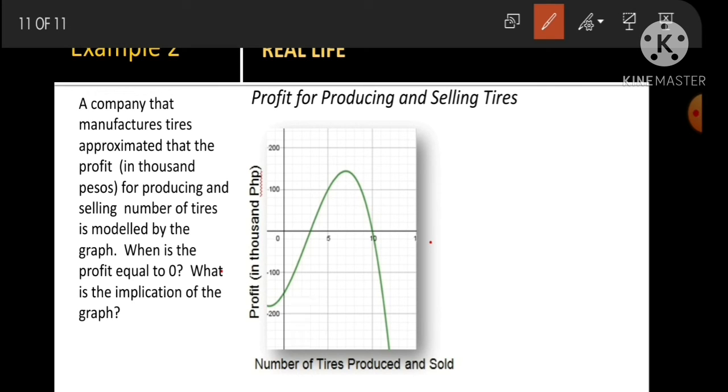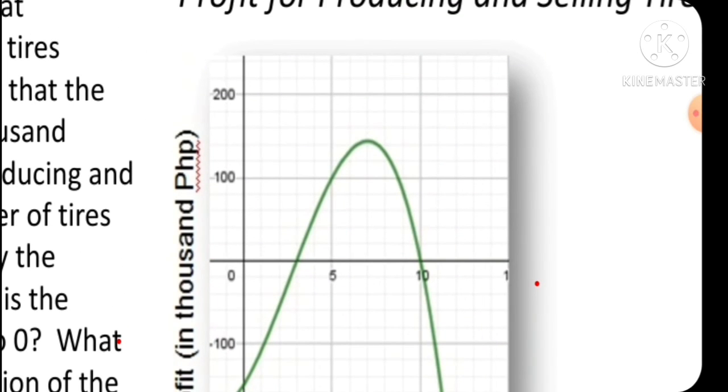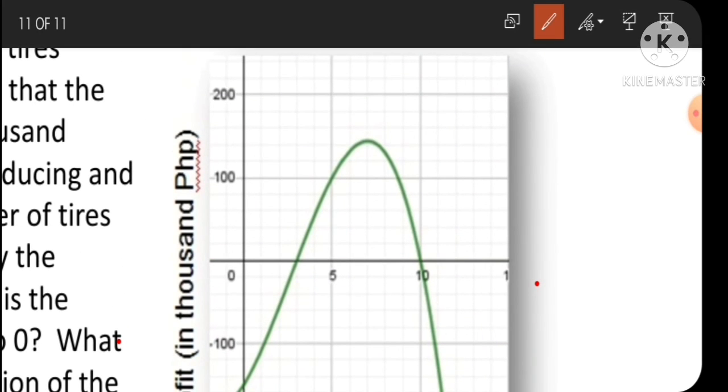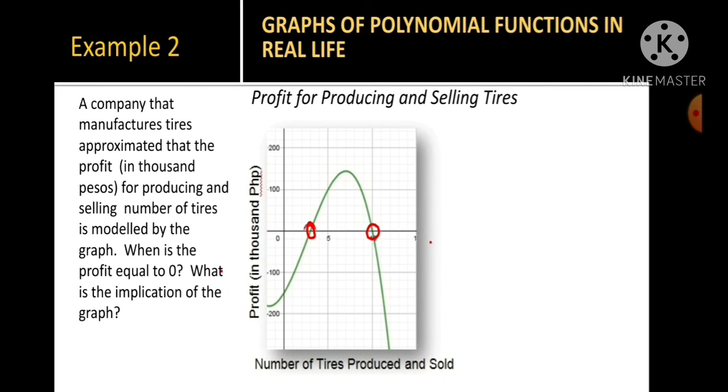Okay, so the x-intercepts again are located on the x-axis. So we have here and this one. So the x-intercepts are 3 and 10.